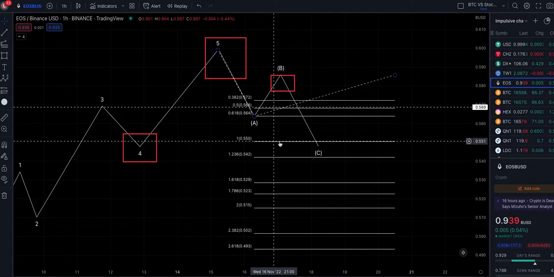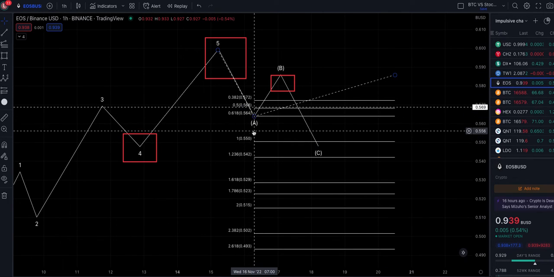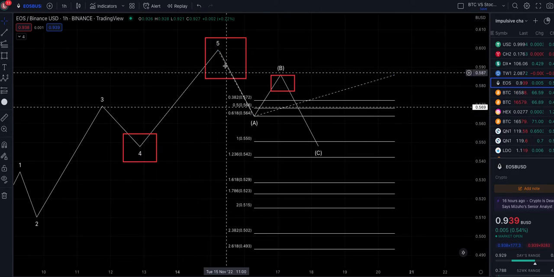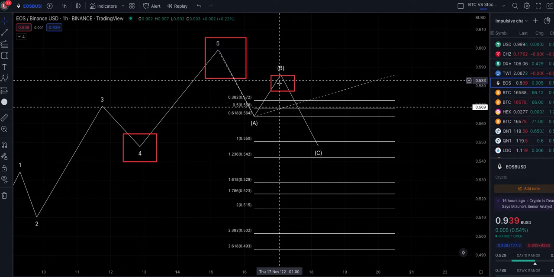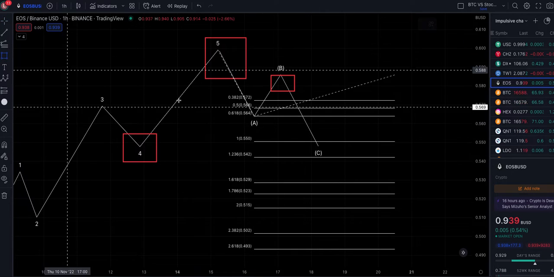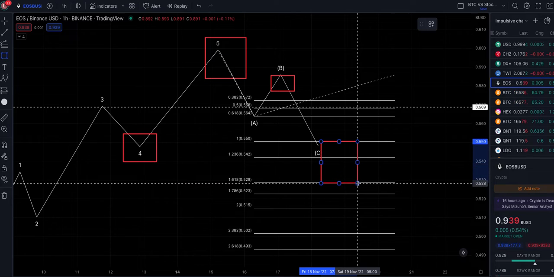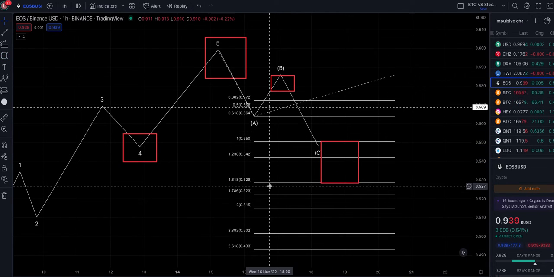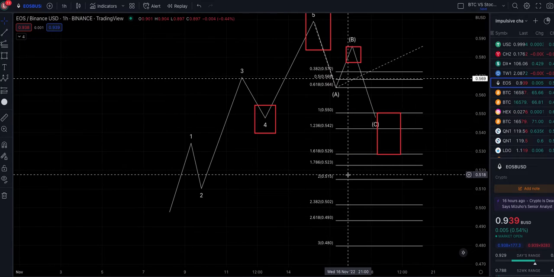You get the 1 fib, which is the same length as wave A. Yeah, it's a 1-to-1 ratio. So that means that if it comes to this area, it's the same length as the wave A. All right. Or the 1.618 fib if it is quite a lengthy wave C. Okay. That's how you would get a price target for that with this move.